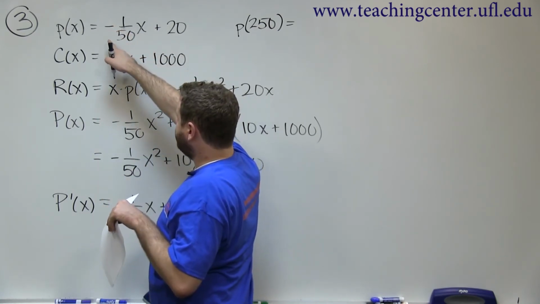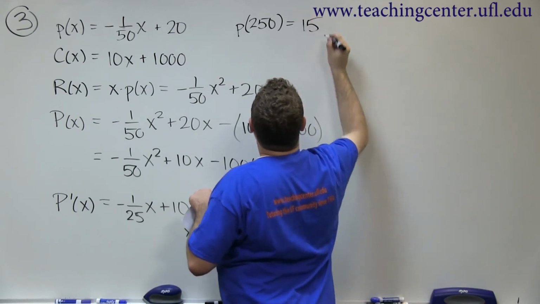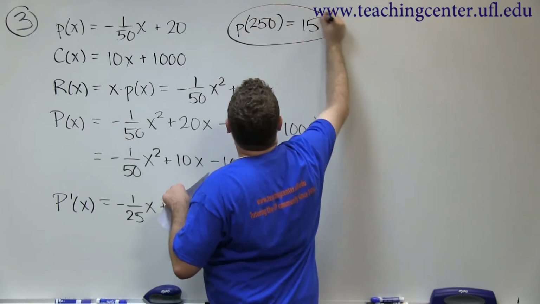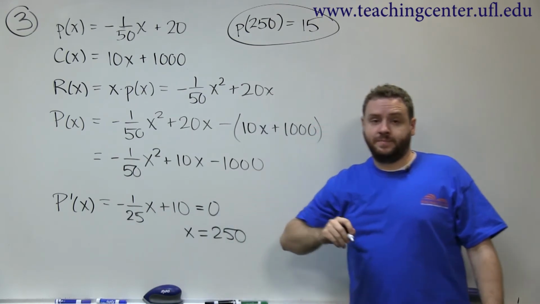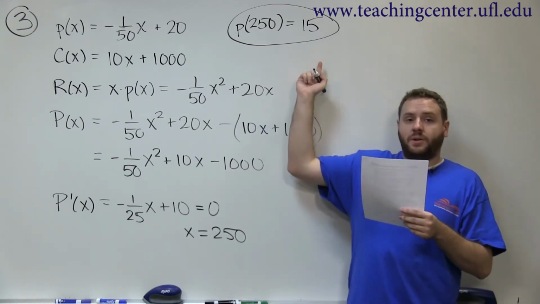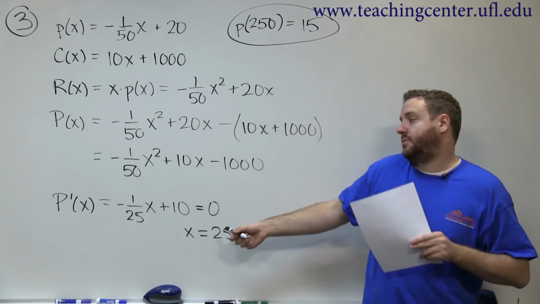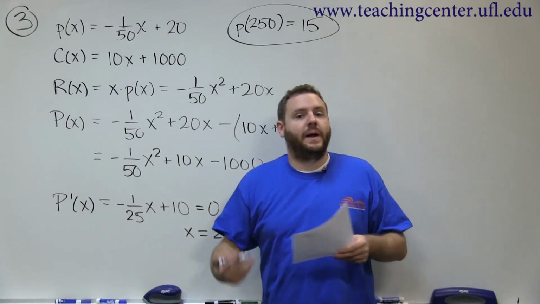So we get negative 5 plus 20, which is 15. So this is the answer to part B. If we sell for $15, we'll end up selling 250 items. And if we sell 250 items, that's how you maximize profit.